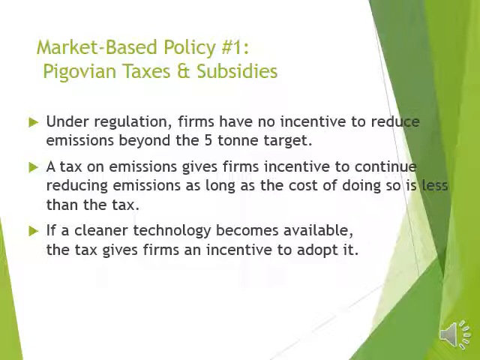So in the example, if you don't have a tax, firm A, which has far cleaner burning coal, would say we can reduce emissions even further, but we don't have any incentive to do that. Meanwhile, firm B is thinking, gee, this is really a pinch. We cannot reduce our emissions to only 5 tons. We could go out of business.